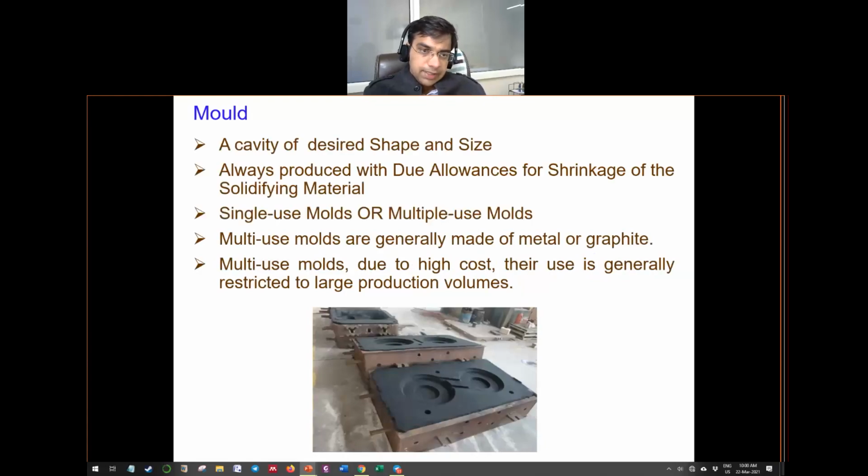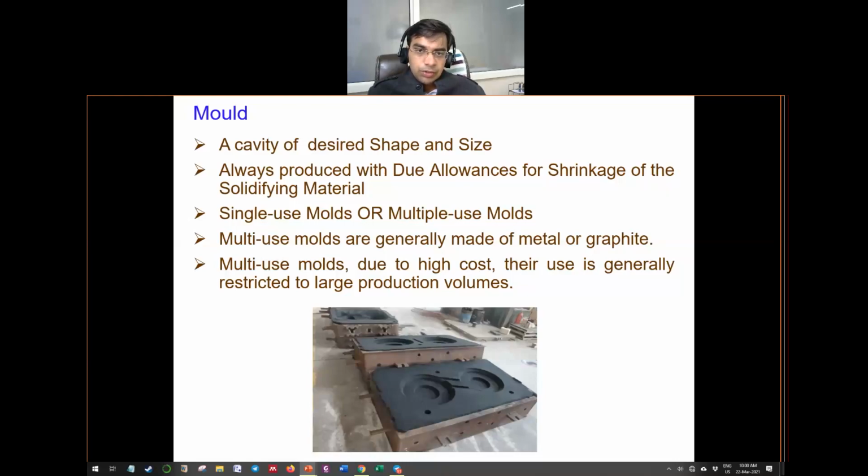So the mold is basically the most important part in any casting process, especially the expendable mold casting processes like sand casting. In sand casting, the mold is the object in which the cavity is created using a pattern.